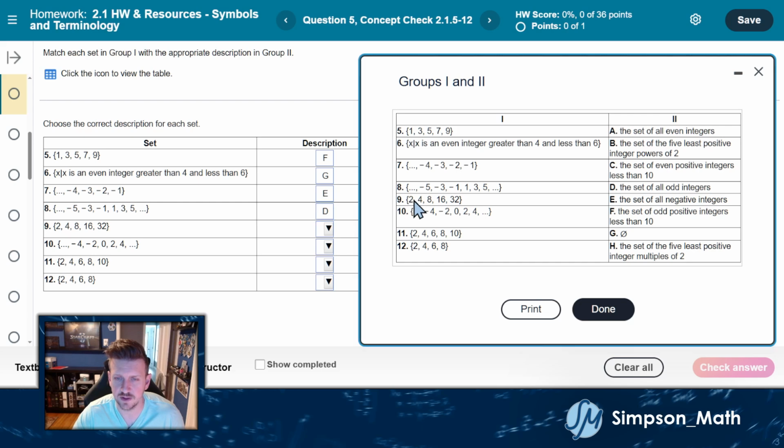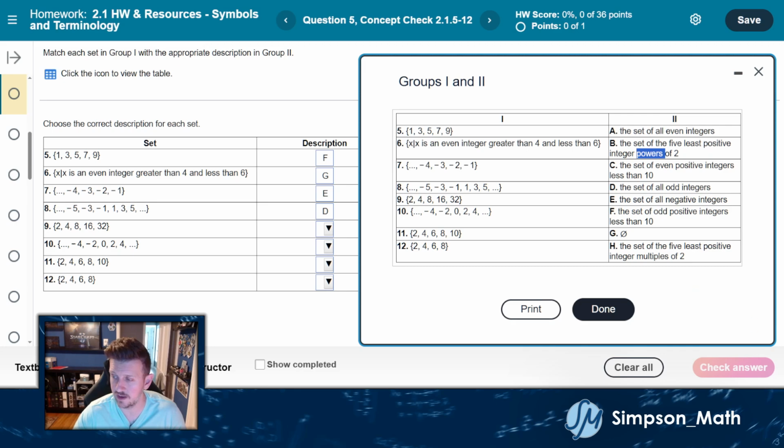All right, this next one, I have 2, then 4, then 8, then 16, then 32. Those are all even, but it's not all even, because I don't have a dot, dot, dot. Notice, where's 6? Where's 10, 12, 14? So it's not a certain even. This is actually the power situation.